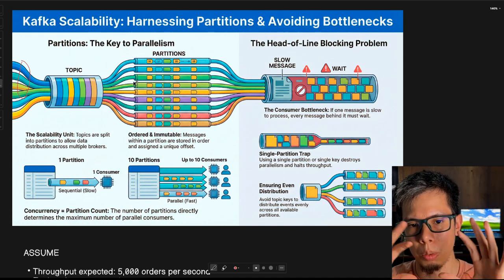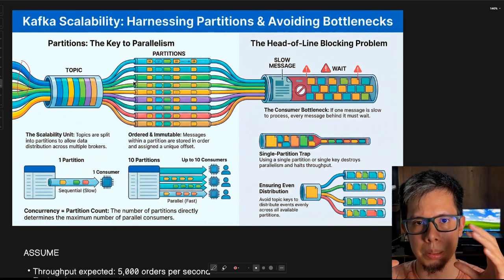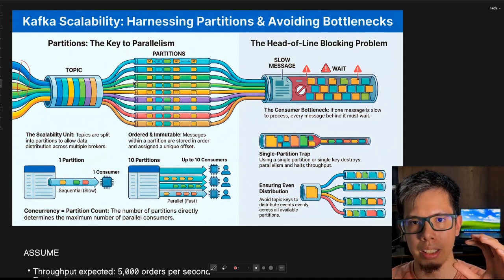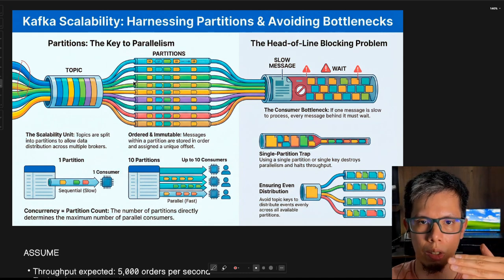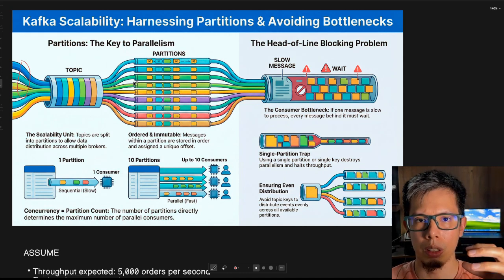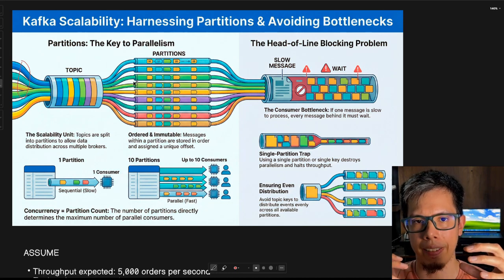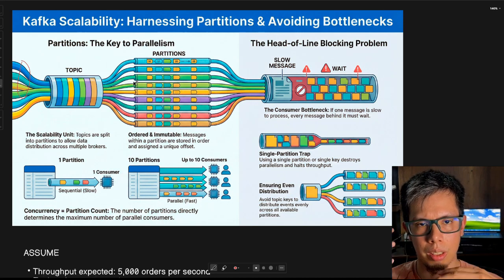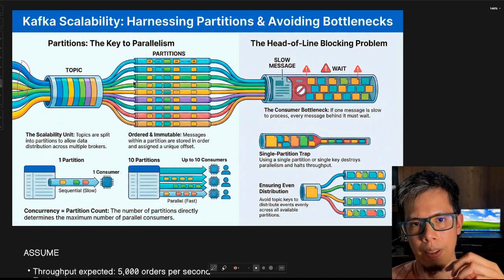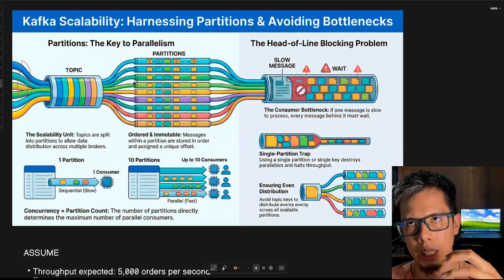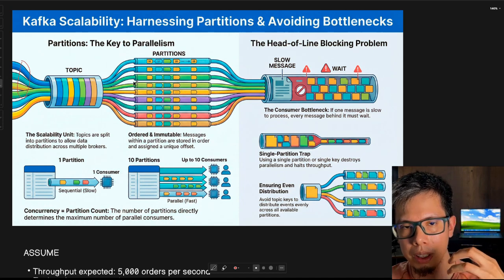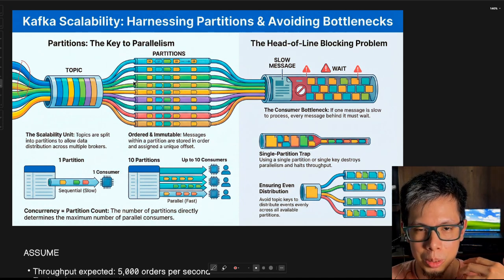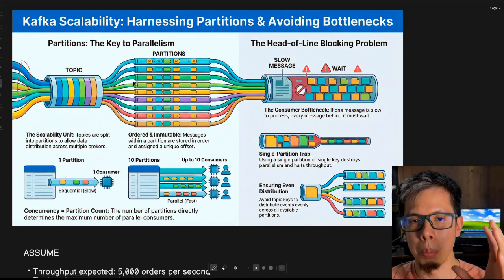And when a message is already stored in this partition, in parallel, on another side, there is a consumer group that is always watching this document that is updated. So if there is a new topic stored in this partition, it will be consumed by a single consumer of this consumer group.